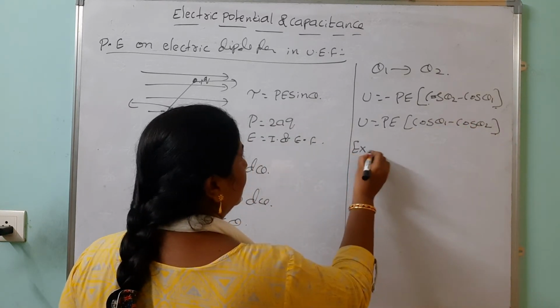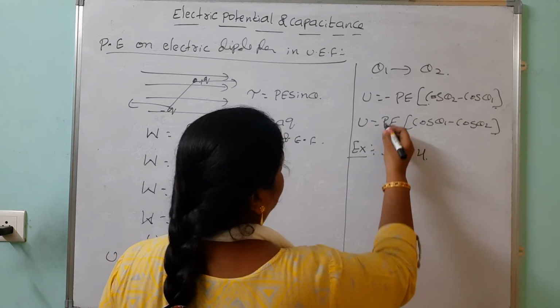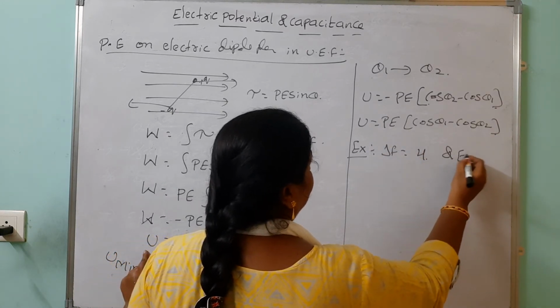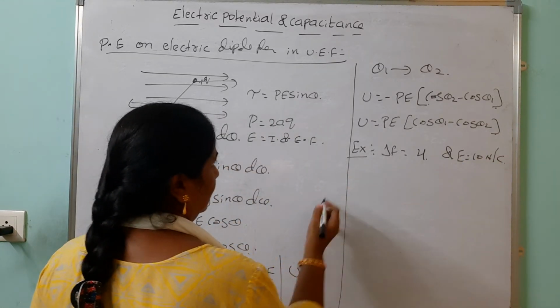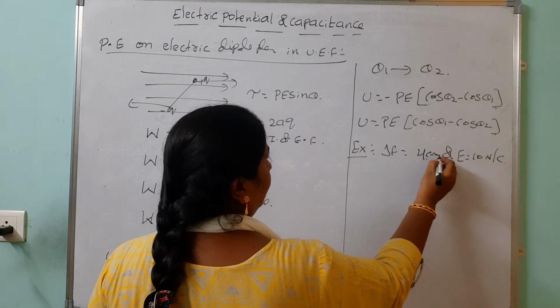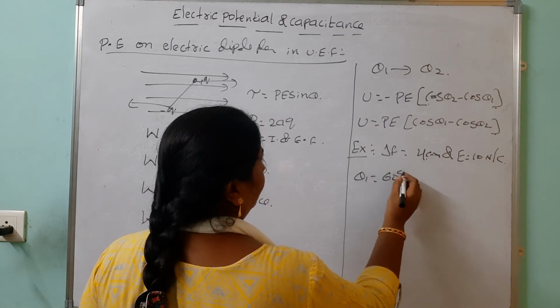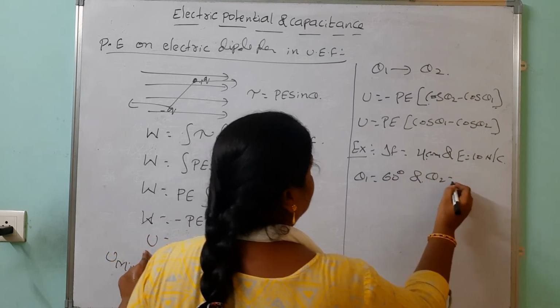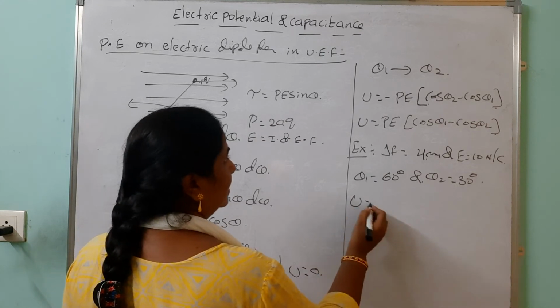We do one problem here. If P equals 4 and E equals 10 Newton per Coulomb, coulomb meter, theta 1 is 60 degrees and theta 2 is 30 degrees. How to find out the potential energy?